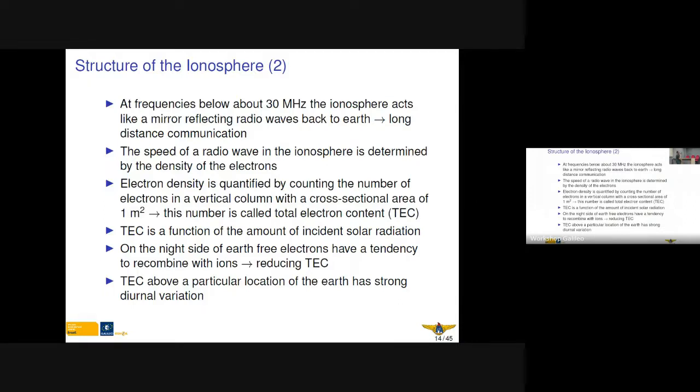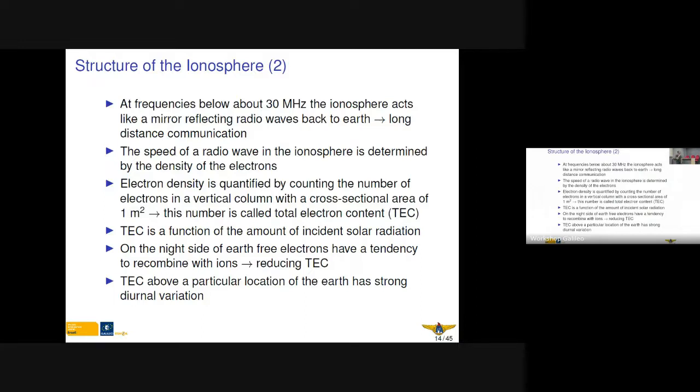When we calculate all the electrons along the ray path, the propagation path of our signal, in a cross-sectional area of 1 square meter, this number is called total electron content.